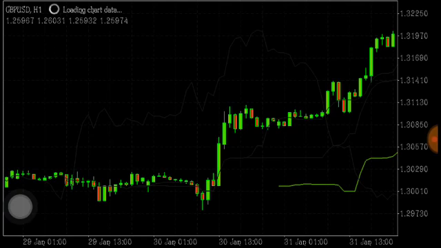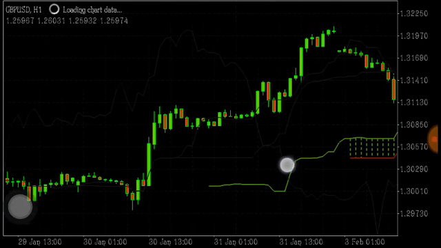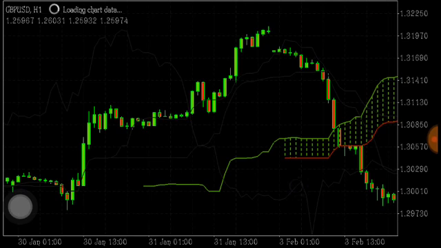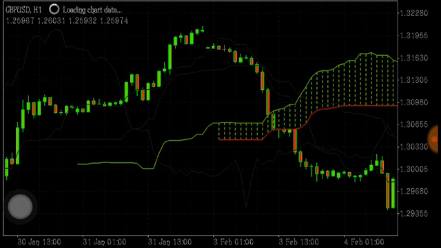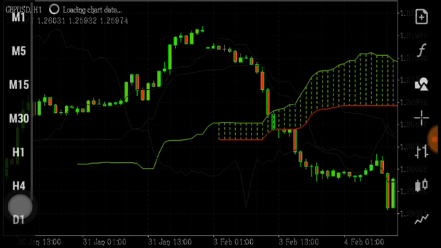As you can see on my chart here, all I have is just the Kumo. These dark lines around here are the other ones I struck out. I don't need them. I don't need the complete chart. So when you see price cross the cloud to the downside, we'll be looking to sell, or when it crosses to the upside, we'll be looking to buy.